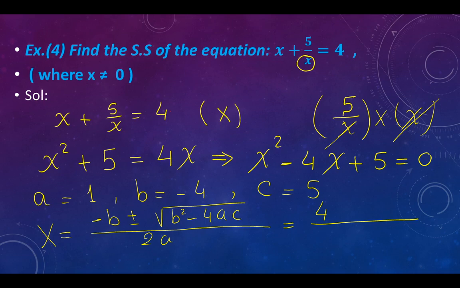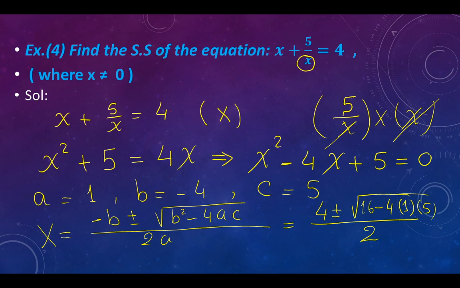You have a double negative, so it equals 4. Then negative 4 to the power of 2 equals 16, minus 4 multiplied by a equals 1, and c equals 5, over 2a, 2 multiplied by 1 equals 2.